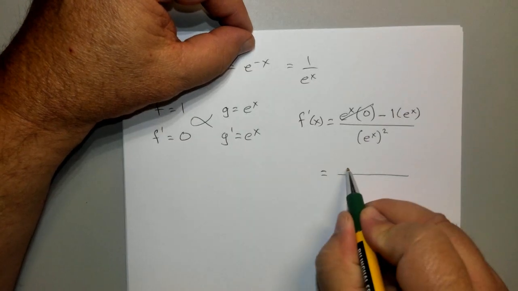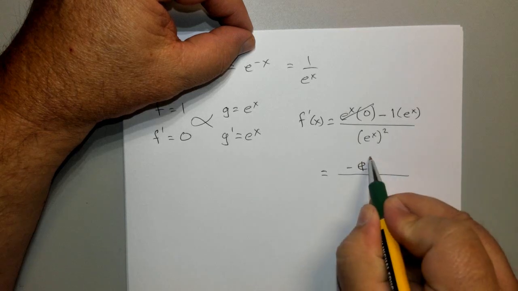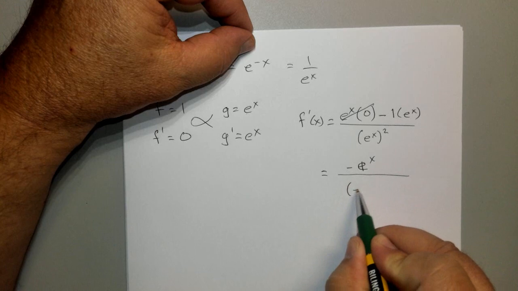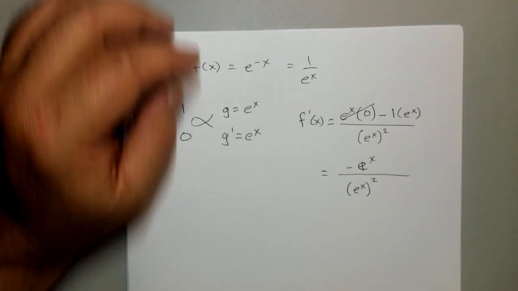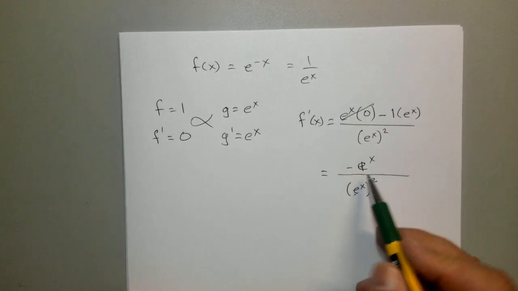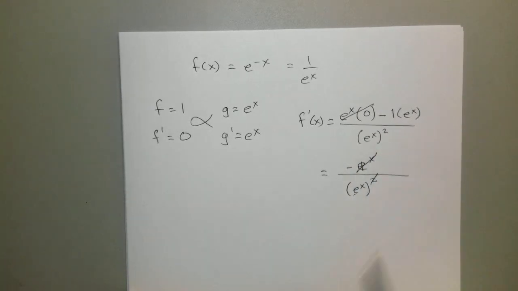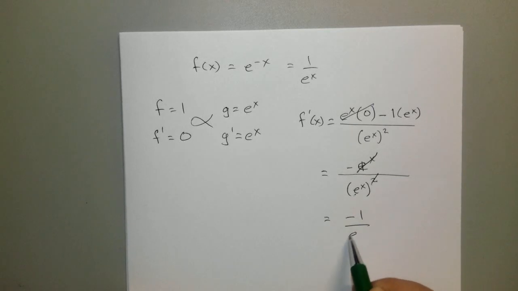That becomes 0, so we have negative 1 times e to the power x, which is e to the power x, over e to the x squared on the bottom. Can anything cancel? Well, there's two e to the x's here, there's one up there, so I can get rid of one of those. What I'm left with is negative 1 over e to the power x. That's my derivative.